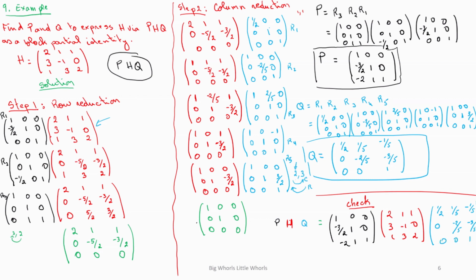If you do these three multiplications, you will get 1 0 0, 0 1 0, 0 0 0. You will get our block partial identity.